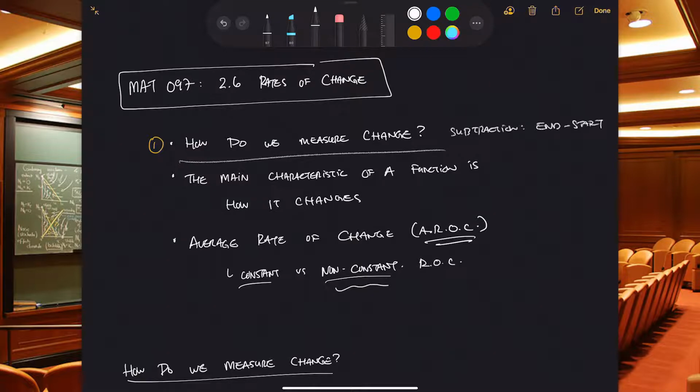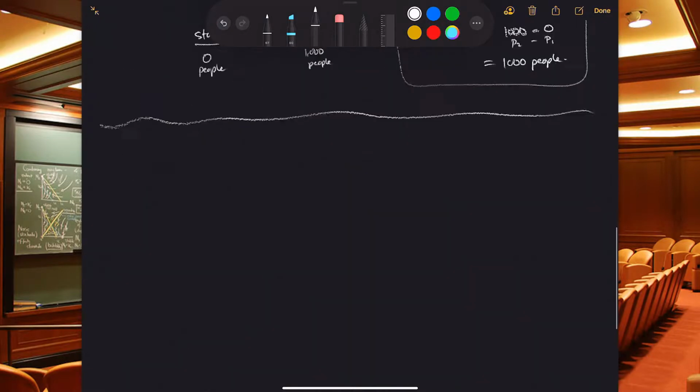Second idea is that the main characteristic of a function is how it changes. So we haven't looked at too many classes of functions, or what we call parent functions, things that model phenomena in the real world. But for those that do, let me sketch a few out.